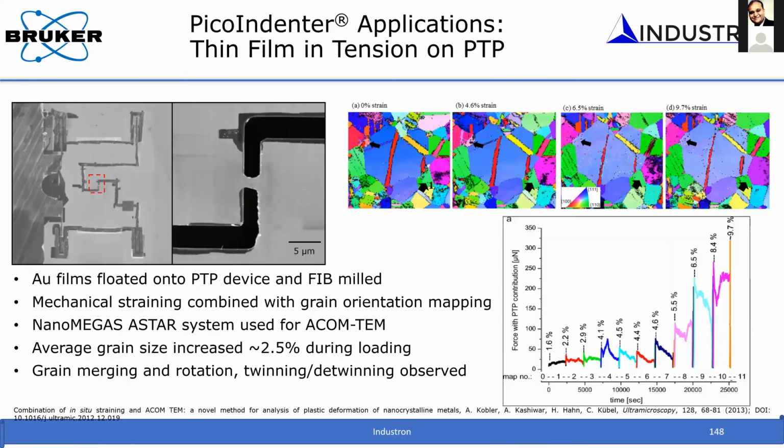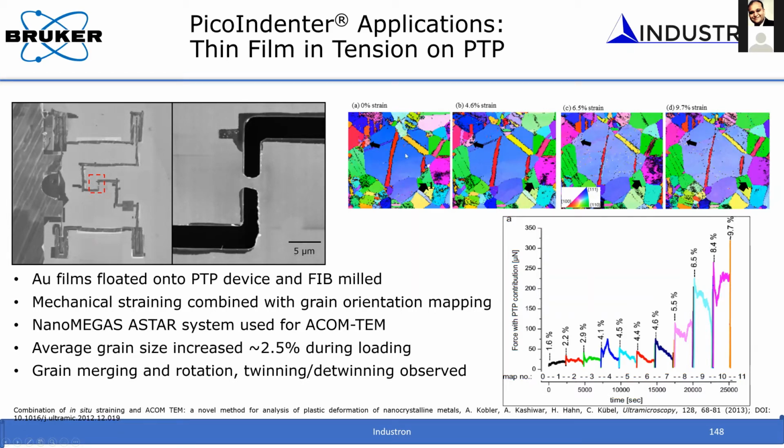Okay, this is another example. This is a gold film deposited on the push-to-pull device. You deposit this thin film by any deposition technique, and then you remove the material and only have material in the gap. Now what you can do is the same tensile experiments. This is a thin film, and with the EBSD detector, this is done inside the SEM.